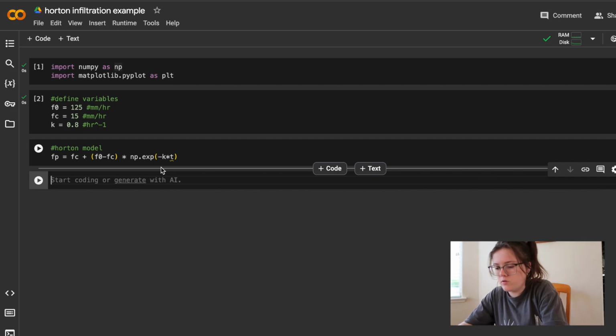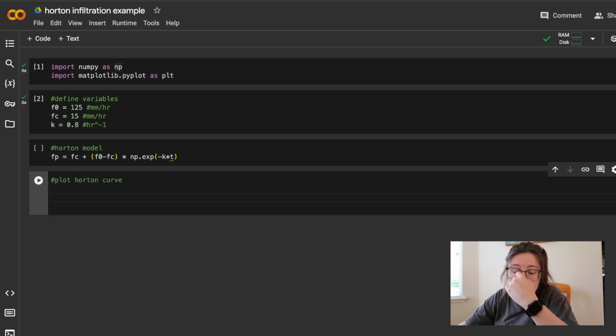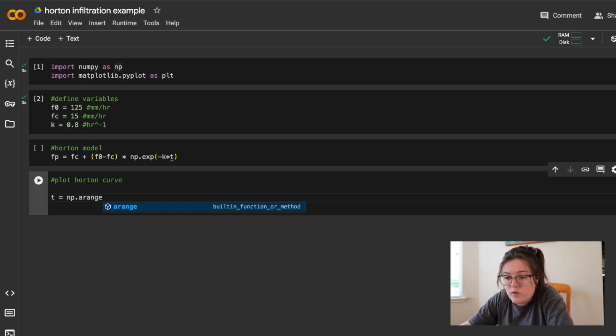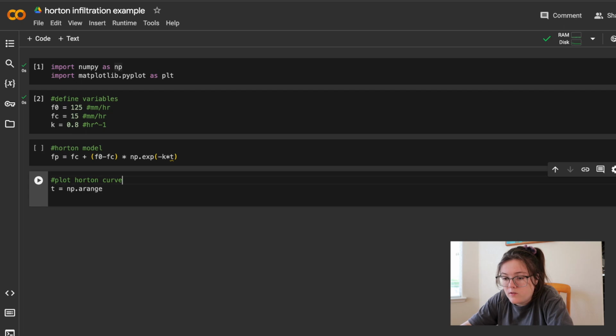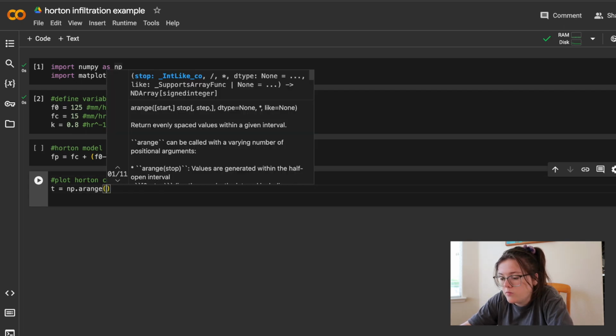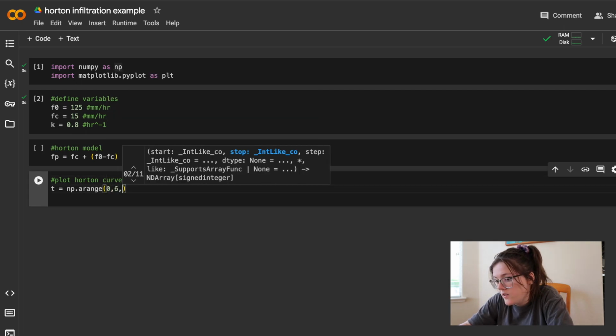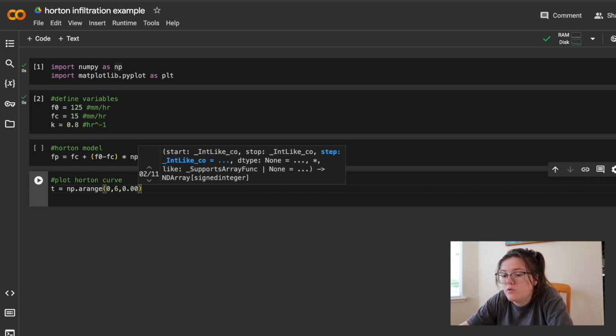So what we need to do before we plot is define our t range, what time range we're gonna evaluate. And so I'm gonna create an array. That's what this function is doing in Python. And we're gonna tell it to go from 0 to 6 in increments of 0.001.